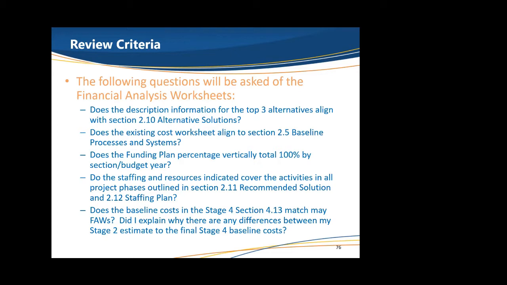And if they don't align, it could raise red flags. Why are we letting departments just submit documents that they're not really approved, and the match and the funds, the total project costs don't match what they've been approved for? So that can cause red flags.